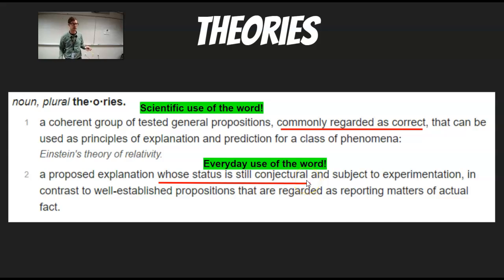Conjectural saying, this is my hunch, right? And those are two fairly different ideas about how certain people are. The scientific idea is very certain that this is the explanation that makes the most sense. The non-scientific or everyday use is you're just kind of coming up with thoughts, and we still have a long way to go to be sure.